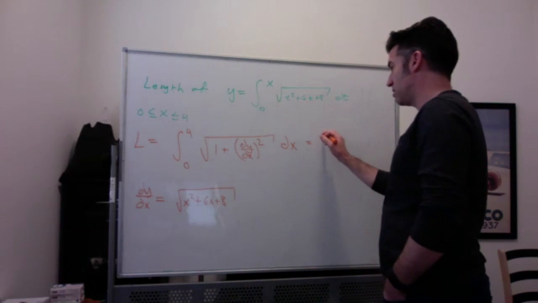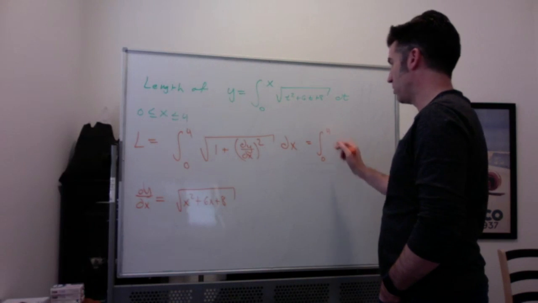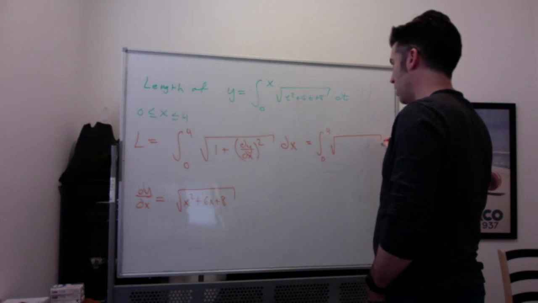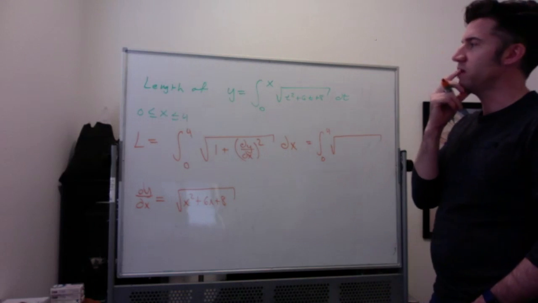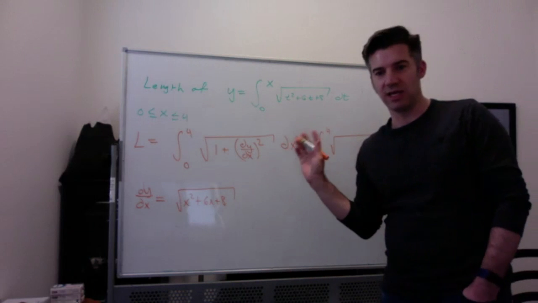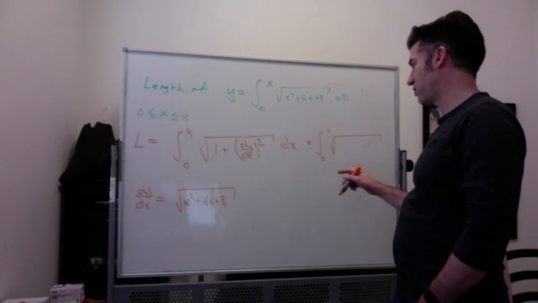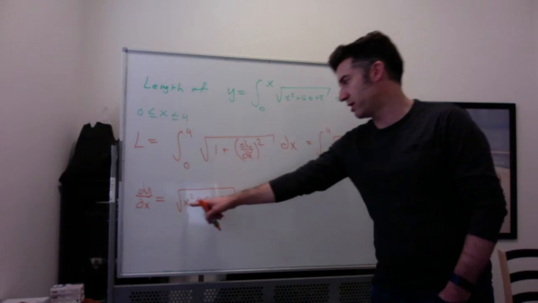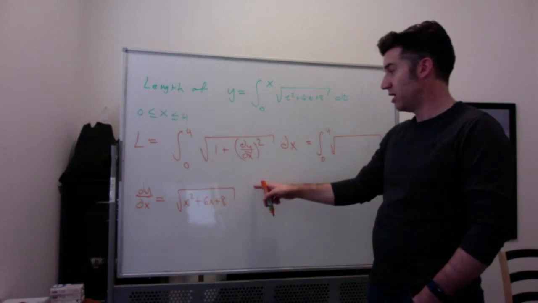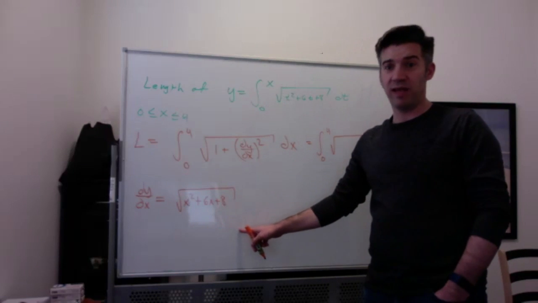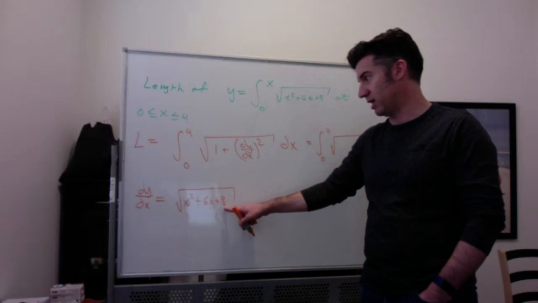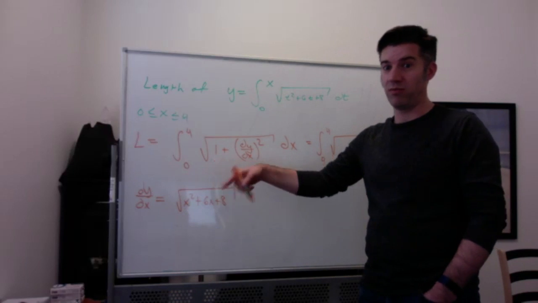So here's what we're going to get. We're going to get the integral from 0 to 4 of the square root of 1 plus x squared plus 6x plus 8, because it's this squared. So I'm going to write that as x squared plus 6x plus 8 plus 1, or plus 9.